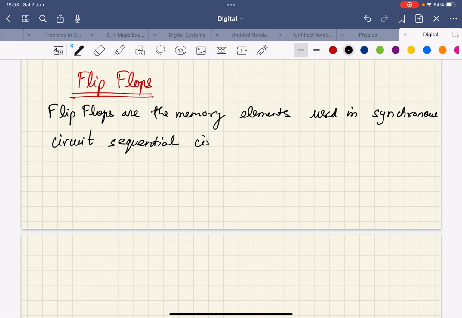Synchronous sequential circuits. Okay. Then you must know, it is a binary memory element.